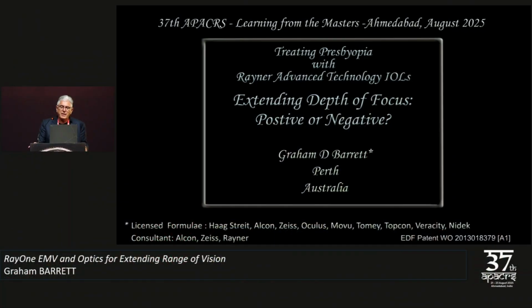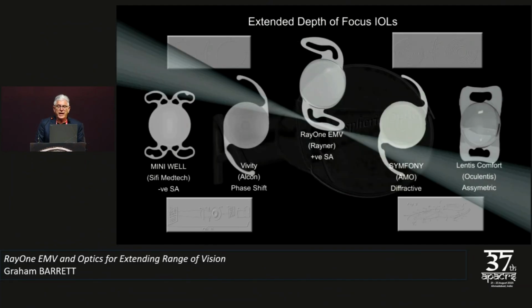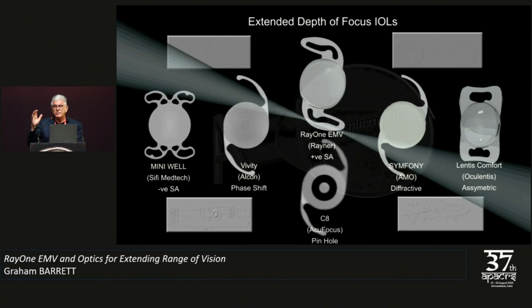RayOne EMV. My talk today is going to be on extending depth of focus, and I raise the question, should this be positive or negative, talking about some of the optics. And people often ask me, what made me choose spherical aberration as my first choice for extending the depth of focus?